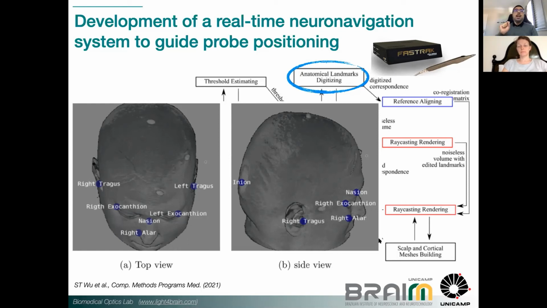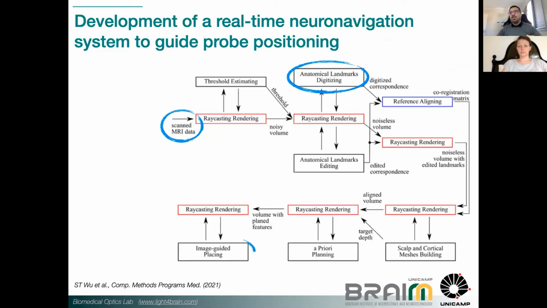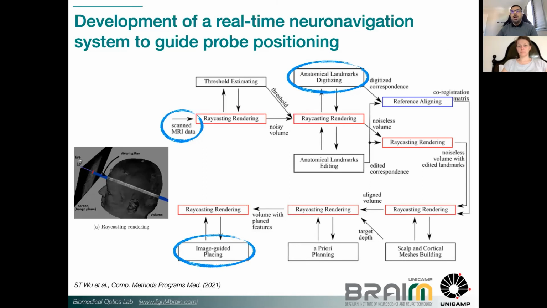Right? And we mark this so that we can translate the real space where the subject's head is to the virtual space where the digitizer space is, right? And third, we use a ray clustering algorithm to actually have this information in real time. So basically what it does is back project all the information that you have as a ray, and project that on a 3D screen.